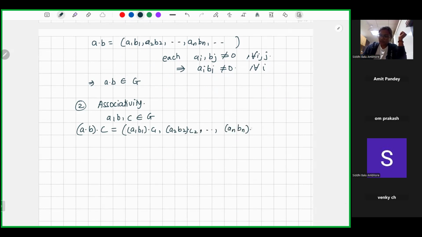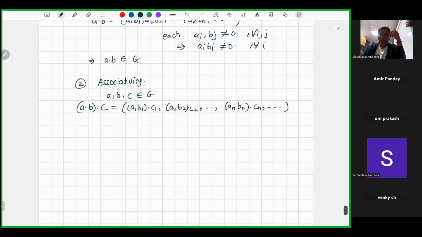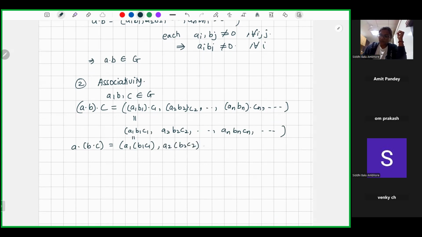This will be equal to a1 (b1 c1), a2 (b2 c2), because we are in real numbers. So associativity is also satisfied.